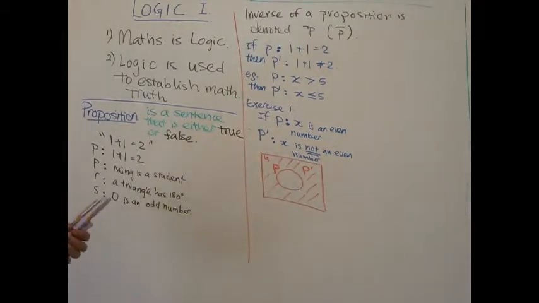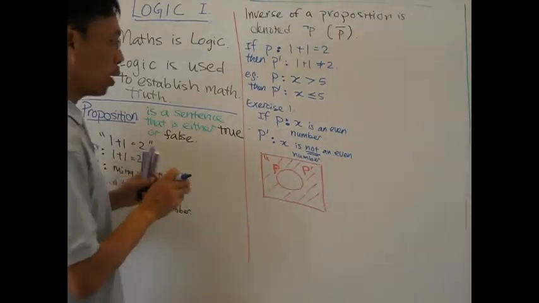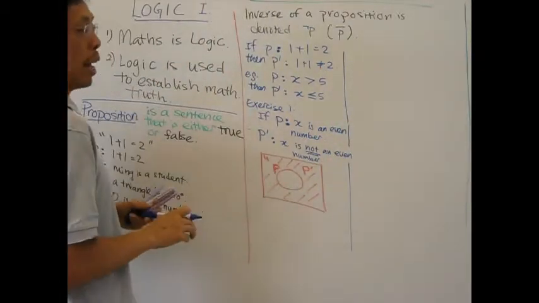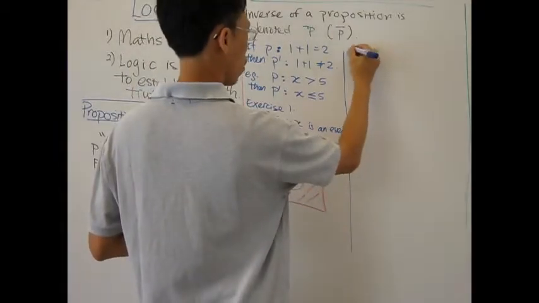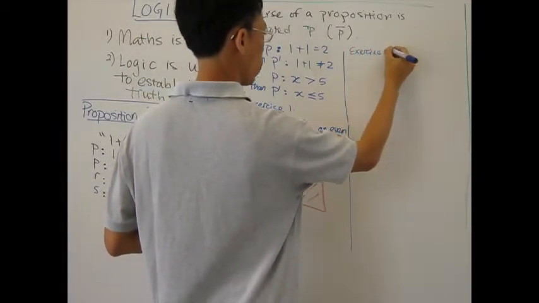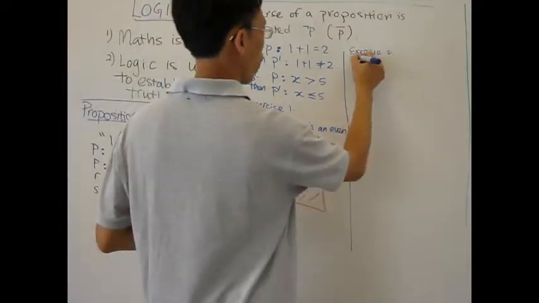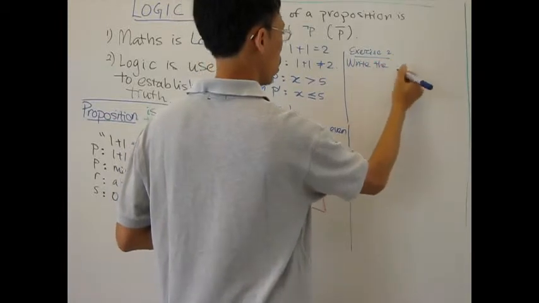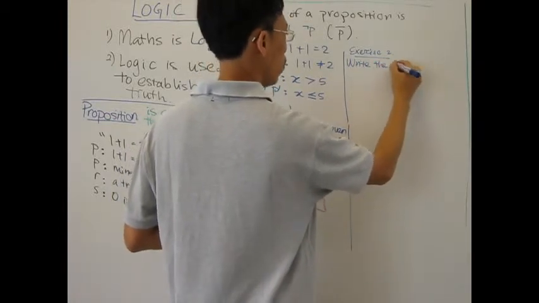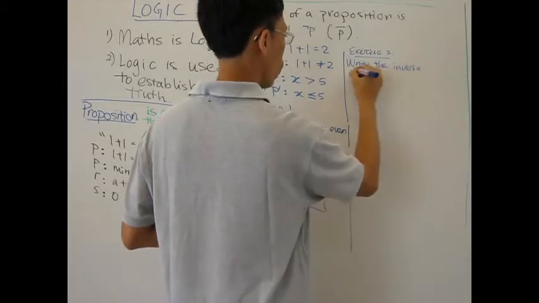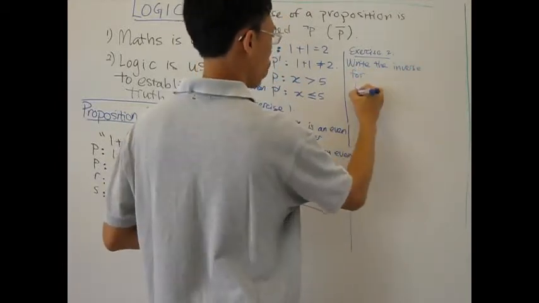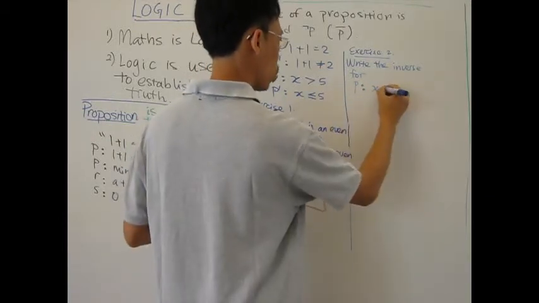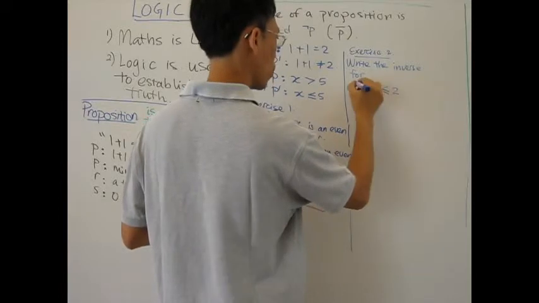Alright, let's look at some other example. You can also use this as an exercise. So let's say exercise 2: write the inverse for p, x is smaller or equal to 2.